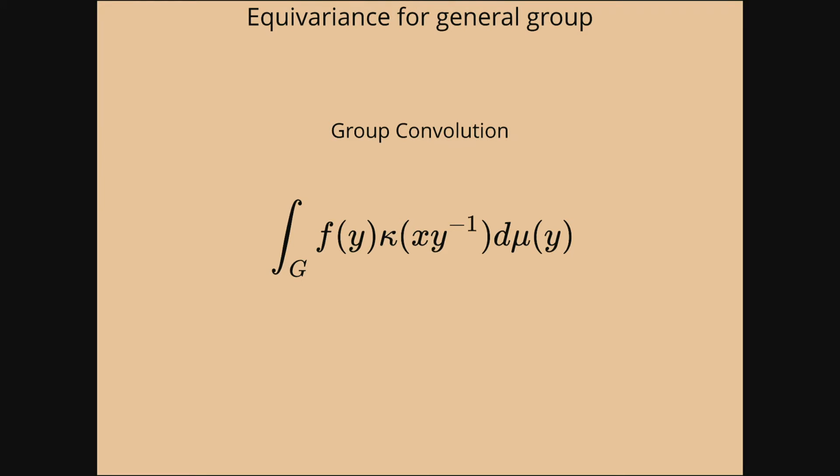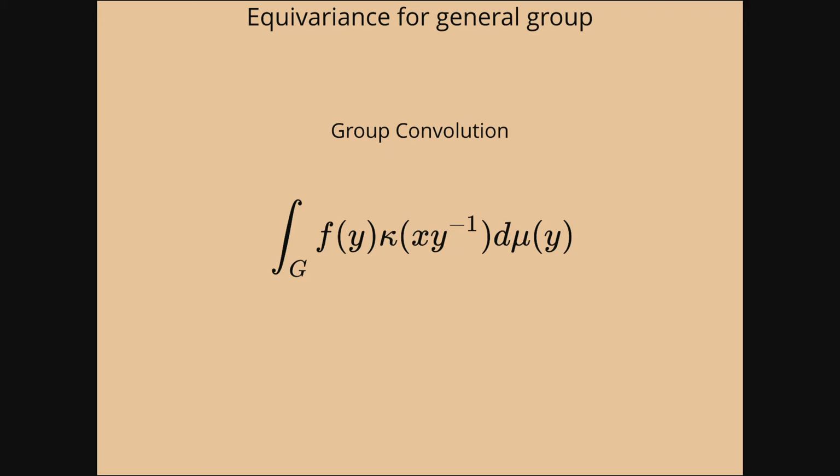Okay, so now we have a general way, now we can have an idea how to generalize the translation equivariance of the network into a network that is equivariant to any group. Because actually translation is just the group R applied to a grid for the image, for example.